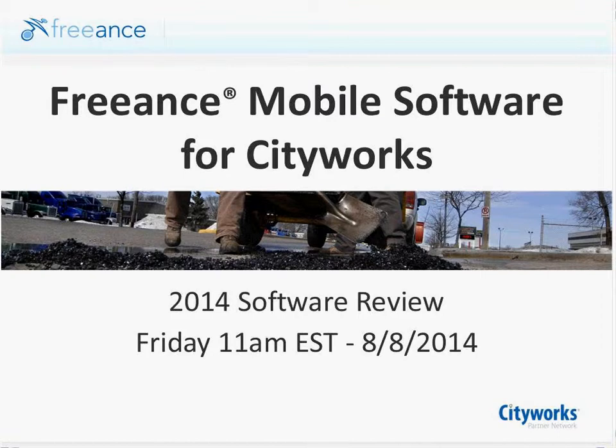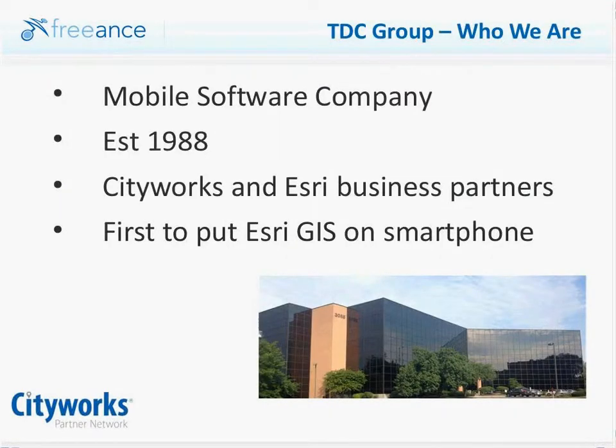And who we are, quickly, as TDC Group, we are the developers of Freeance Mobile for Cityworks. We're a mobile software company. That's what we do. We've been in business quite a while, since '88. We've been doing mobile a long time, very pioneering in the platform.